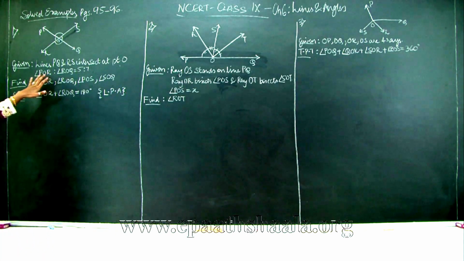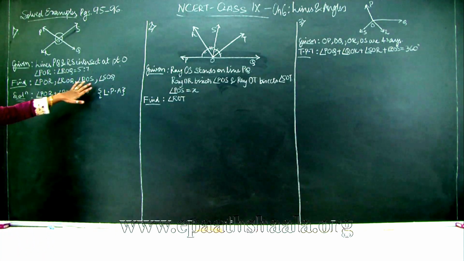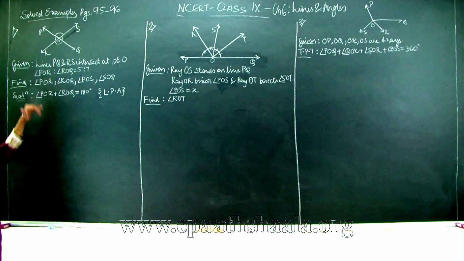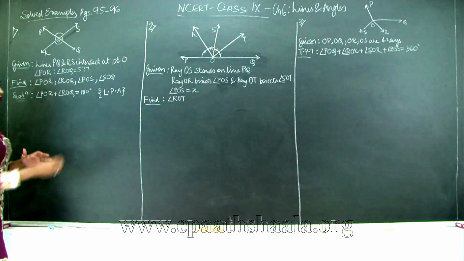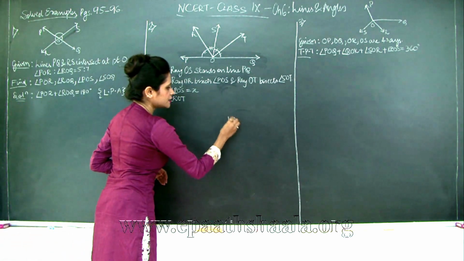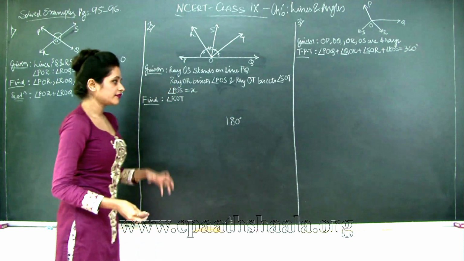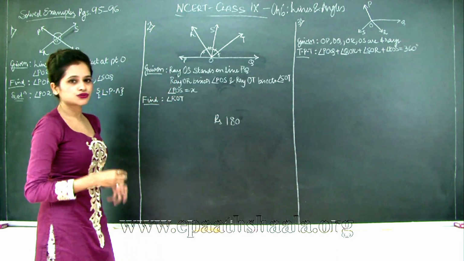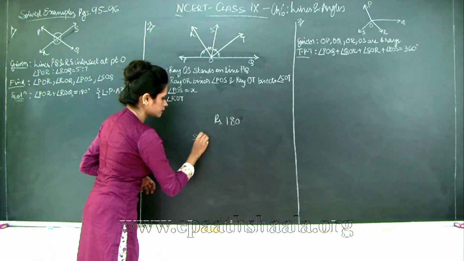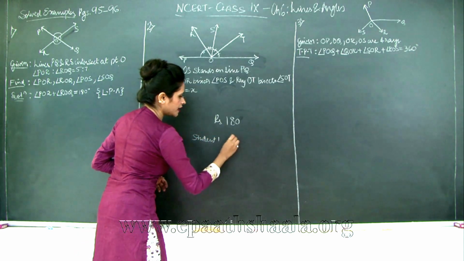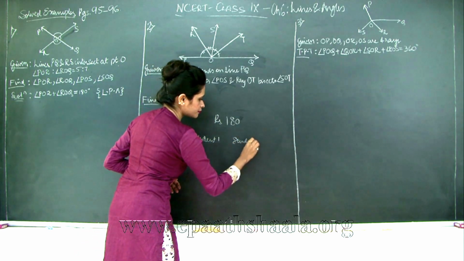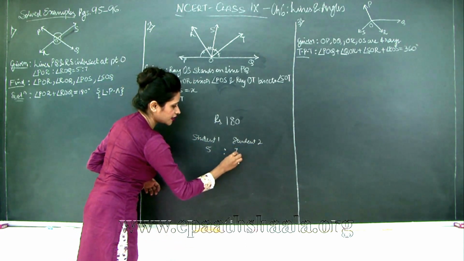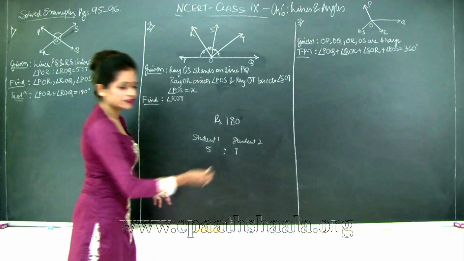Also it is given that the ratio of POR to ROQ is 5:7. So now how are we going to use this ratio in order to find the measures of these angles? Let's see. Let's say I have 180 rupees and I want to distribute it amongst two students, say student 1 and student 2, in such a manner that the ratio of the amounts they will have is 5:7.